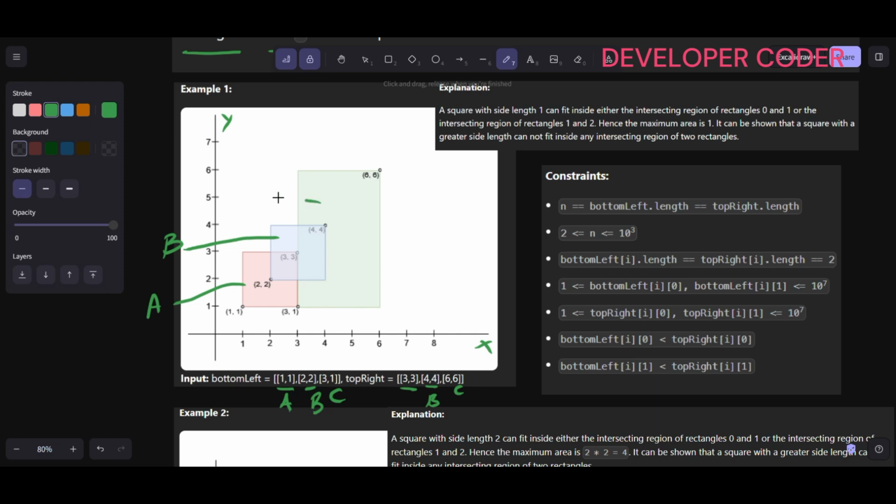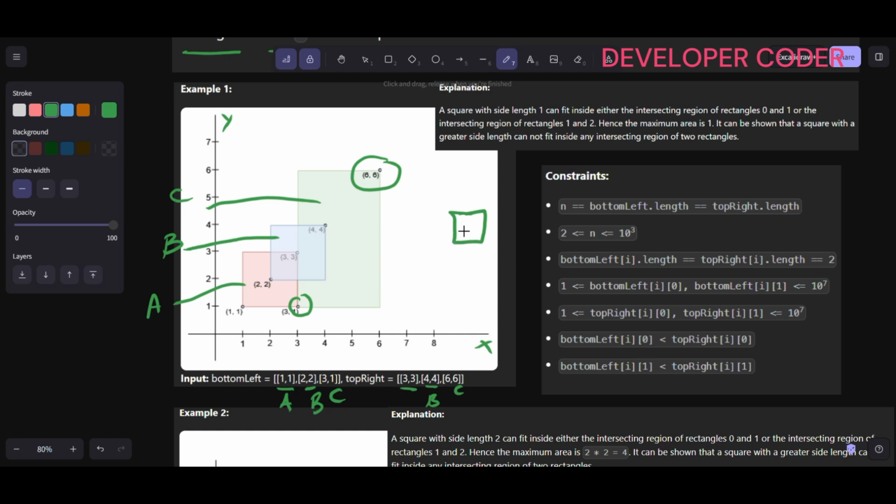So here if you see this green color box, bottom left coordinates are 3 comma 1, this one, and top right coordinates are 6 comma 6, this one.